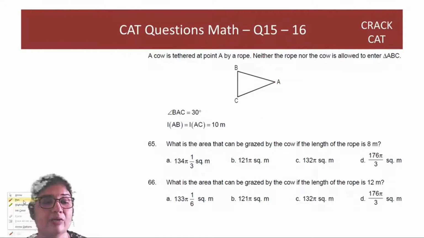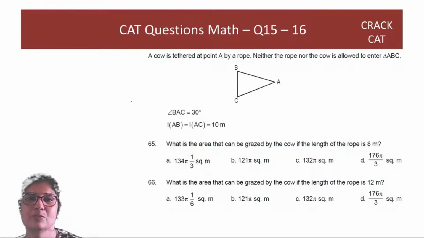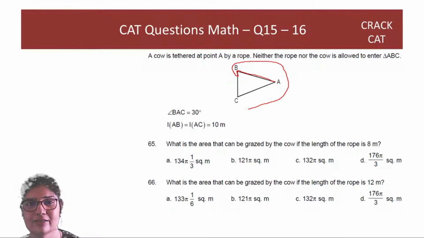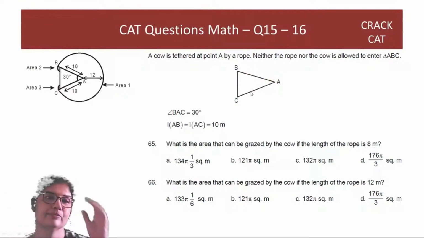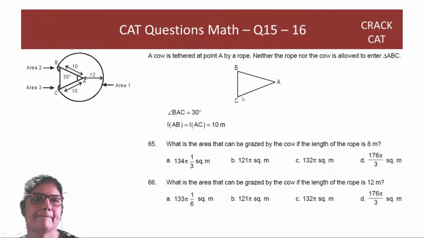Now the length of the rope is more than the side of the triangle, which means that once the cow reaches here while grazing, 10 meters of it has been used, and it has 2 meters more, so it can graze up to here. So this circle is not, it's going to look like this. This is a horrible diagram. I've got the diagram here. Correct? So the cow is going to be able to graze a little bit more.